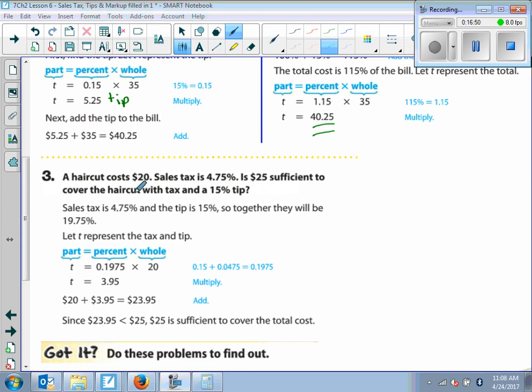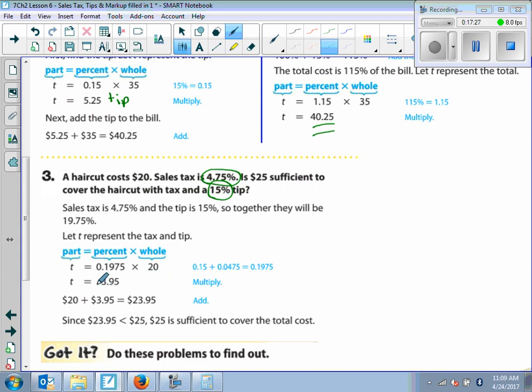So here, the sales tax is 4.75%. Then they want to add a tip, so that's 15%. So we want to know what number is 19.75% of $20. Does everybody see how I got my what number is question? So when I translate that, it becomes T is equal to the 19.75% becomes 0.1975 times the $20.